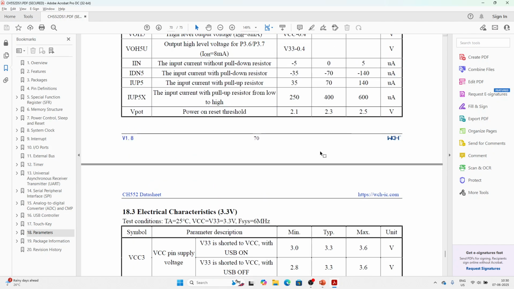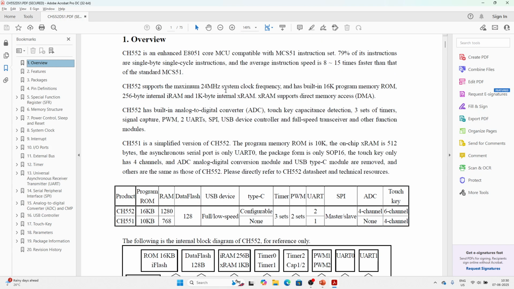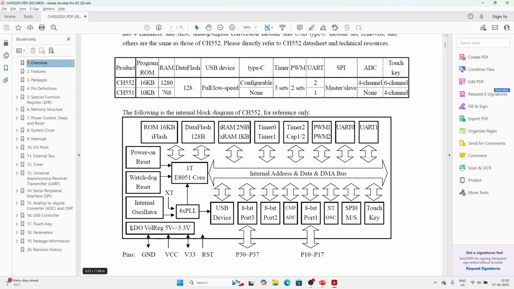So we'll go through this again. Here it is talking about an internal LDO which can convert 5 volts to 3 volts, but we have to make sure that the microcontroller receives stable 5 volts, that is on the external end of the chipset. It cannot be made internal to the chipset itself.